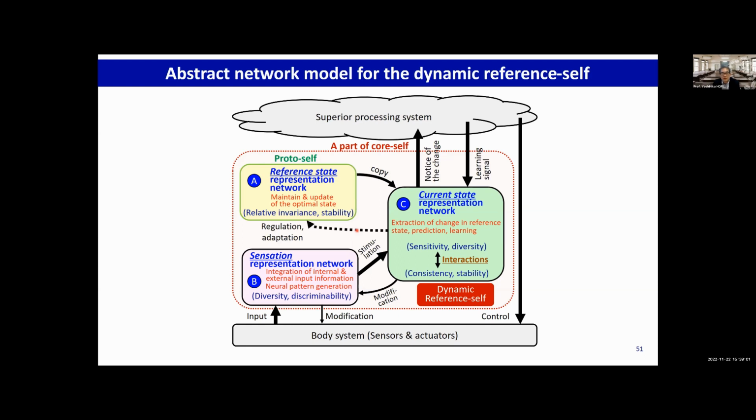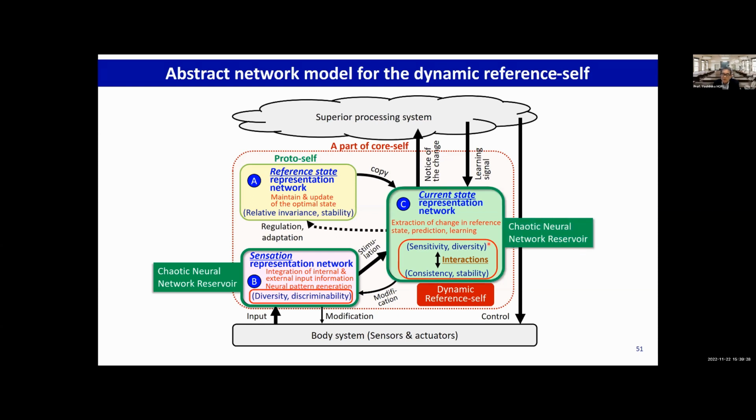Okay, so if you look here, we need diversity and discriminability. For this network, the chaotic neural network reservoir can be used. And also here, we have the interactions between sensitivity, diversity, and consistency and stability, those contradictory properties. This also can be implemented by a chaotic neural network reservoir.